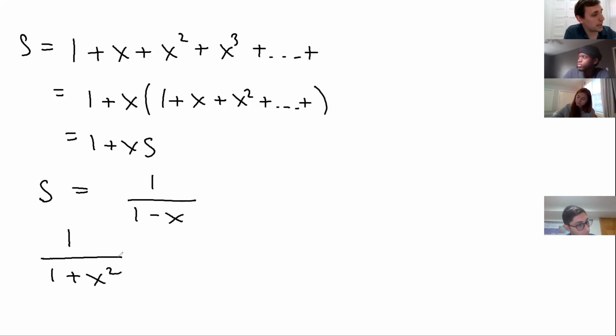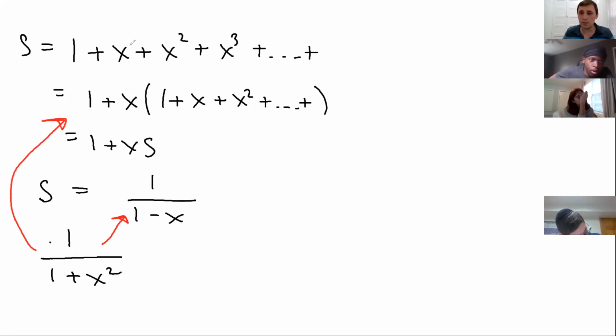I want to reverse it, right? I begin with this expression, and I want to make it 1 minus x squared. What do you think I need to do? In other words, I want to go from here and have this type of summation.